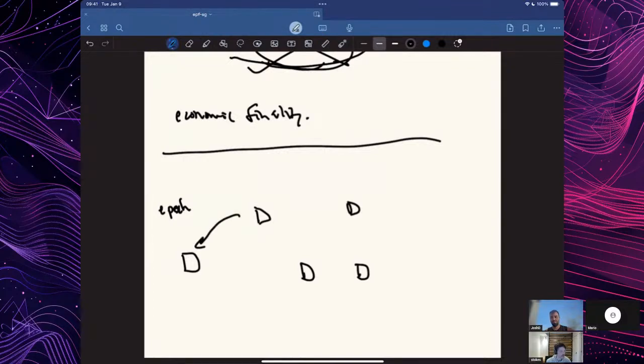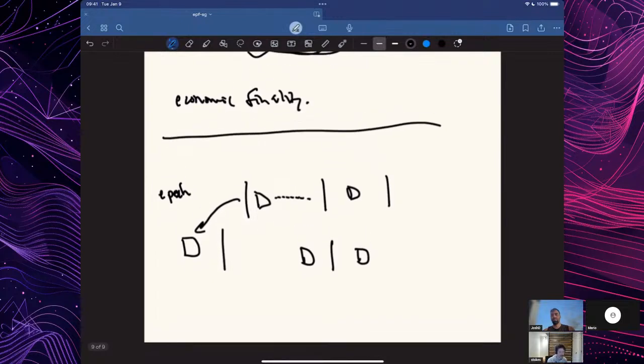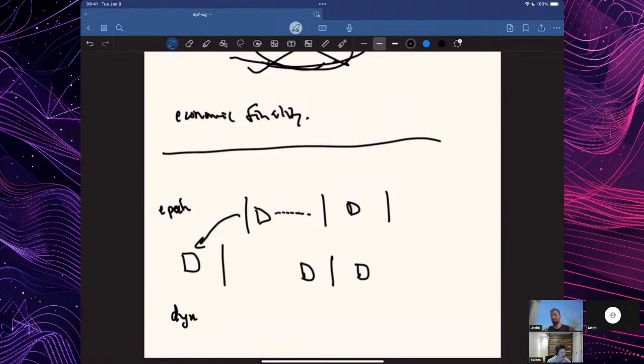But within each epoch, you're still going to have all the other blocks. A really cool thing about Ethereum is we have this notion of dynamic availability. The idea is that you can keep adding to the chain. Let's say this is the head of the chain.